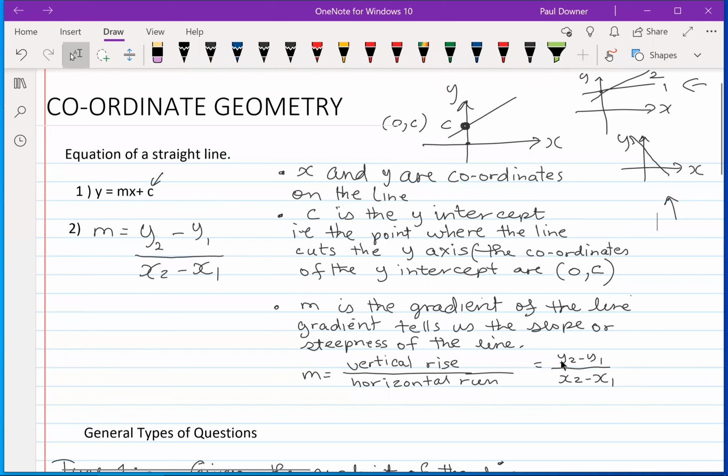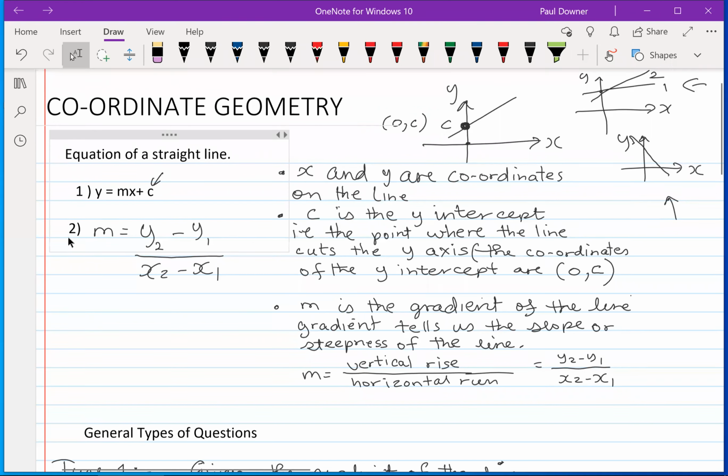And that could be found by saying y2 minus y1 over x2 minus x1. Basically they refer to the coordinates of 2 points on a line. So once you have 2 points on a line, you could always find the gradient, the slope or the steepness of the line.